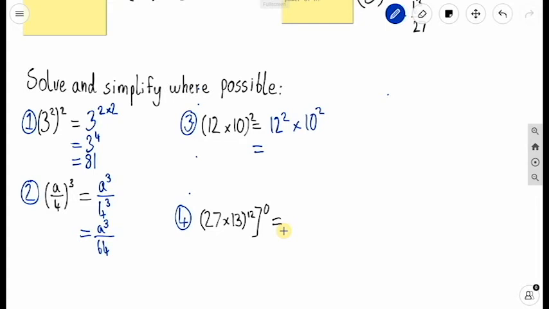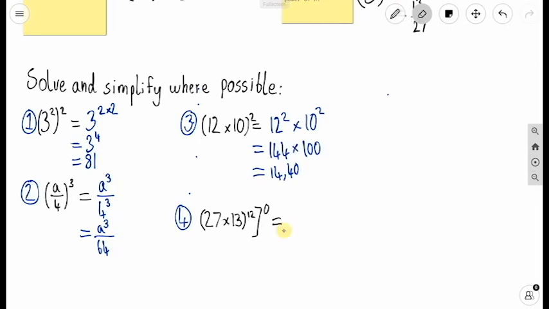And since we don't have a variable in this question, we can simplify this. So 12 squared would give us 144, since 12 times 12 is 144, multiplied by 10 squared, which is 100. And when we multiply this, we would get 14,400 as an answer.